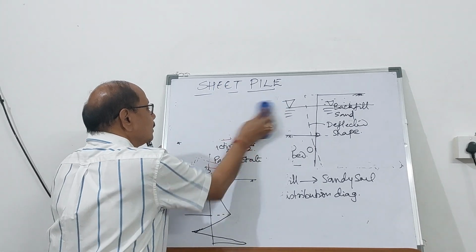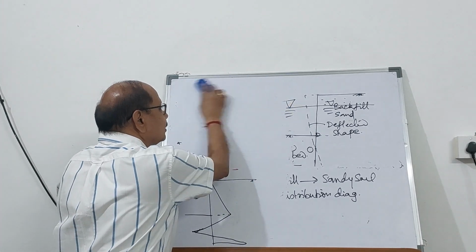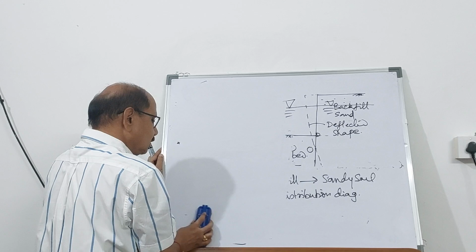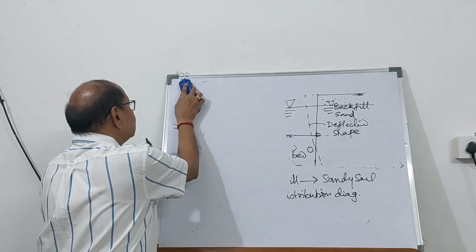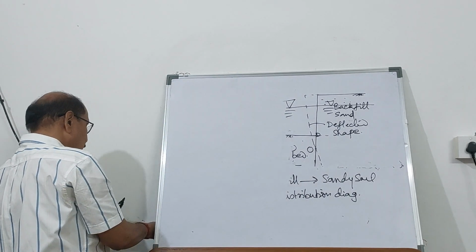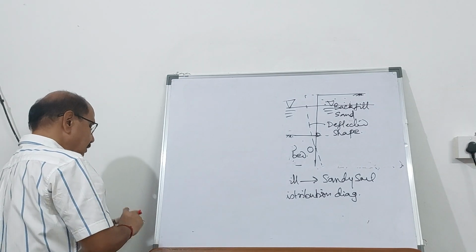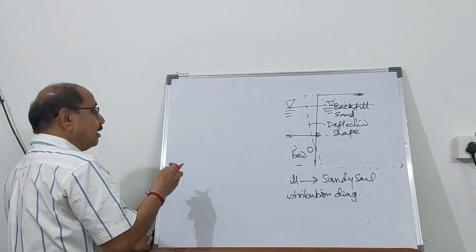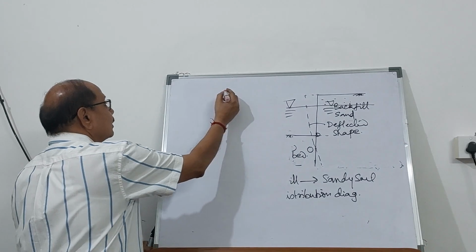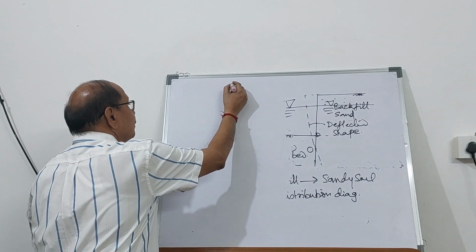So the lateral earth pressure distribution, I can draw it now like this. So for the cantilever sheet pile, the pressure distribution, let's take the sheet pile like this. So I have a cantilever sheet pile.